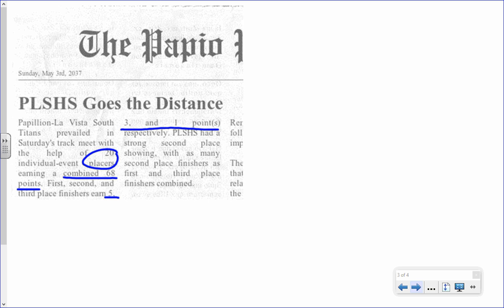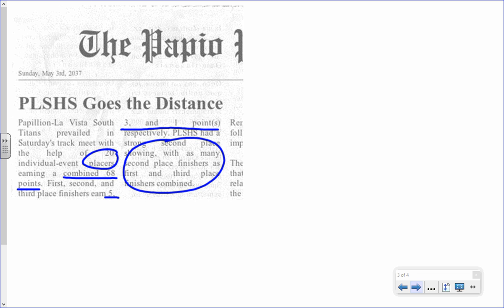PLSHS had a strong second place showing with as many second place finishers as first and third combined. Is that important? So I'm going to go ahead and circle that right there. Okay, I've circled and underlined a couple things, right?